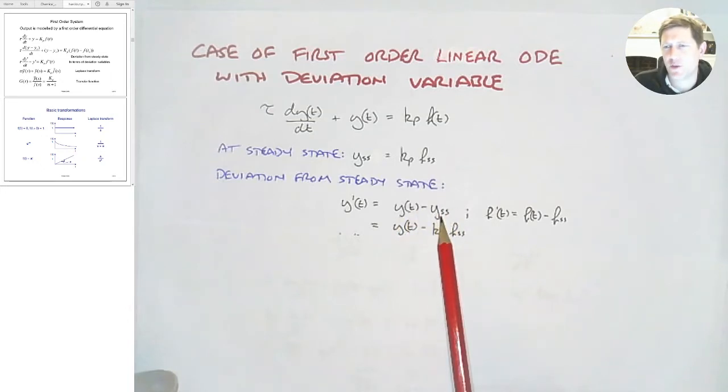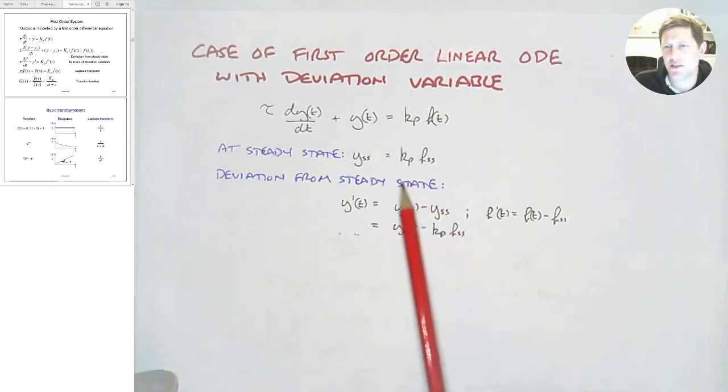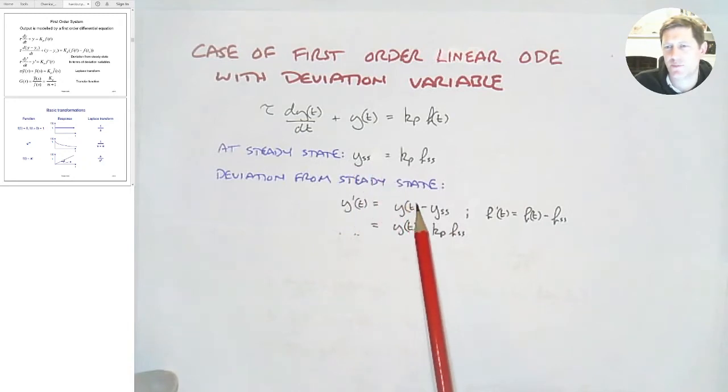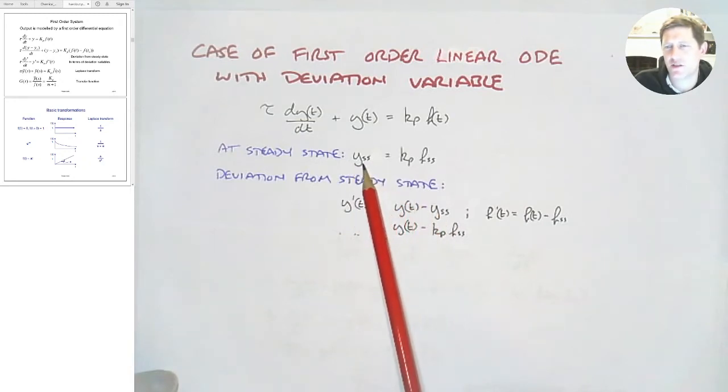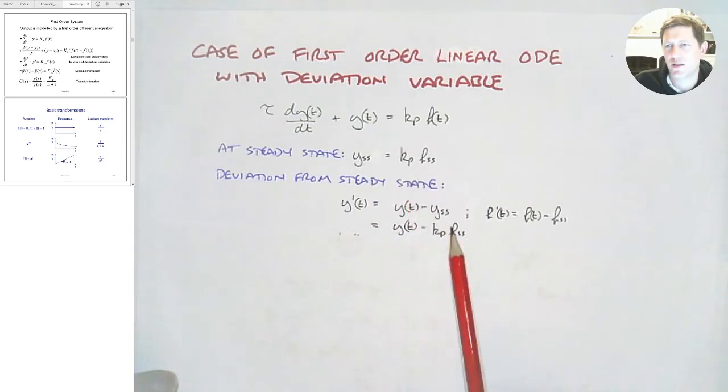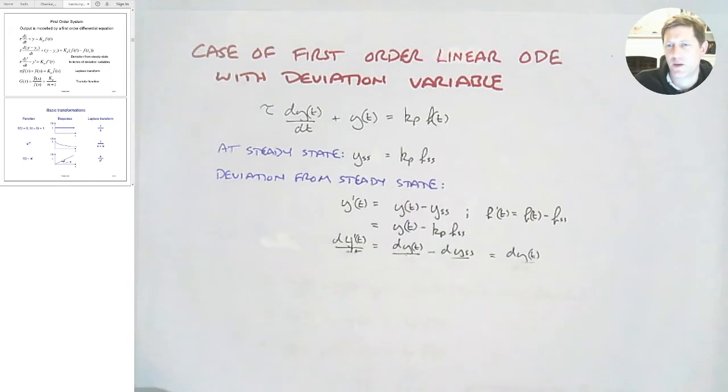We can see already we can do something here. We've got yss, so we can substitute this steady state value of y in to here to get y(t) minus Kp fss, which is going to help us.